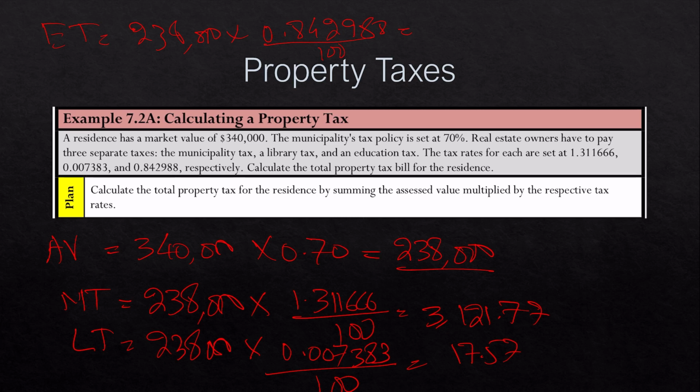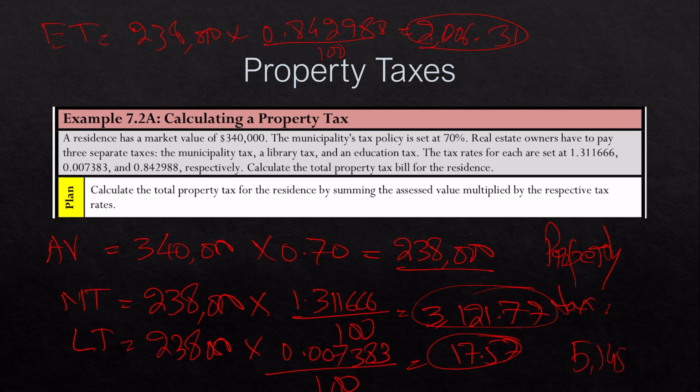So we see here the value is 2006.31. So altogether the property tax is the sum of this plus this plus this, which is 5,145.65. That is our property tax in this case.